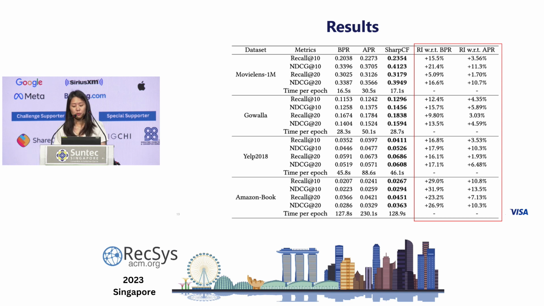While the improvements over APR are not as significant as those over BPR, it still shows positive results with an average improvement of 7%. And this is presumably because SharpCF does not require us to solve the min-max minimization, which avoids the risk of getting stuck at saddle points that often exhibit large variances, as explained in the original APR paper.